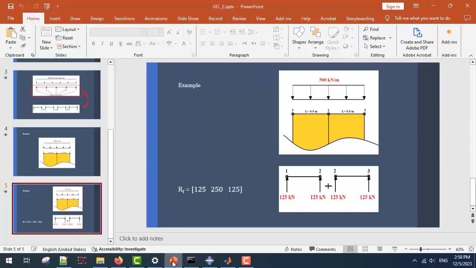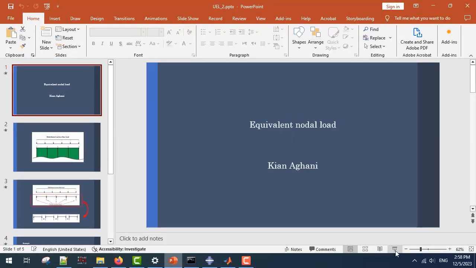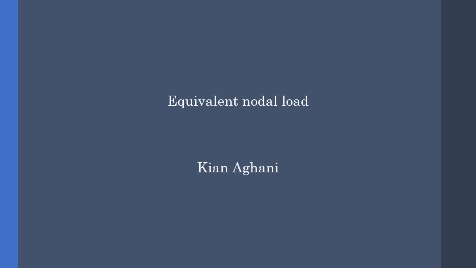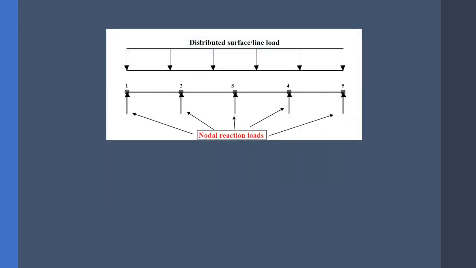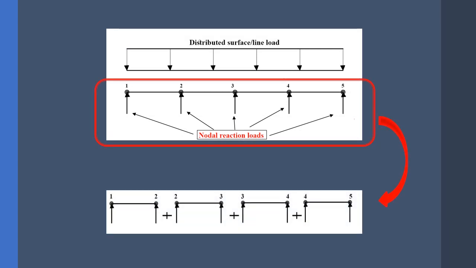First, let's take a look at some fundamentals. Assume that we have an edge with a distributed load on it. We can assume a nodal reaction for this situation and divide them into this.